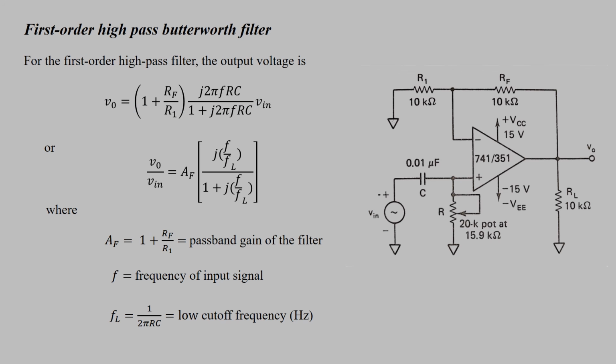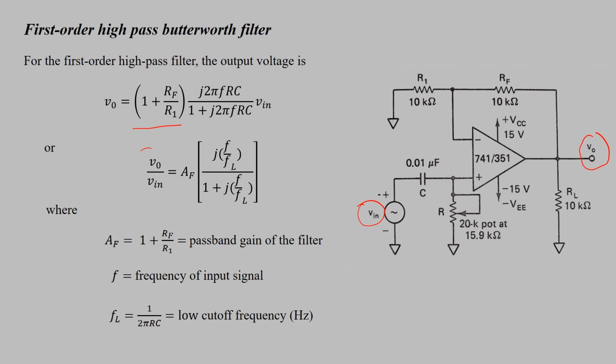For the first order high pass filter, we have to find out the output equation V0 by Vin. For that we need to find V0, which is nothing but 1 plus Rf by R1 into j 2 pi FRC over 1 plus j 2 pi FRC into Vin.